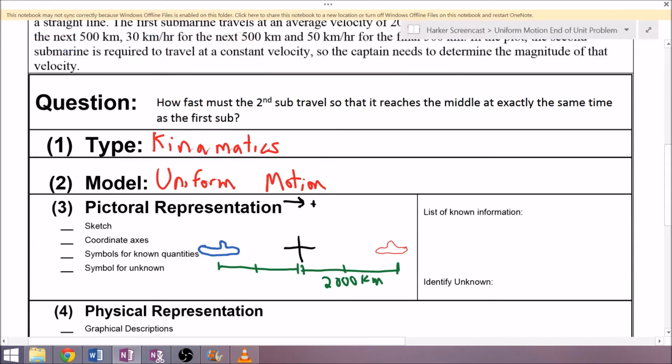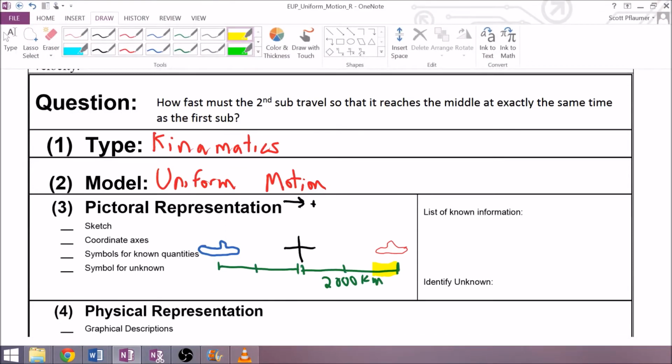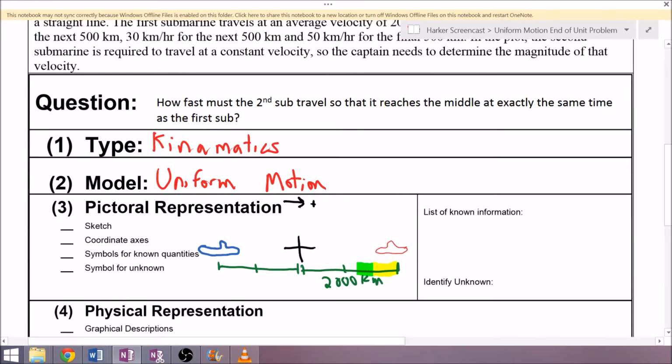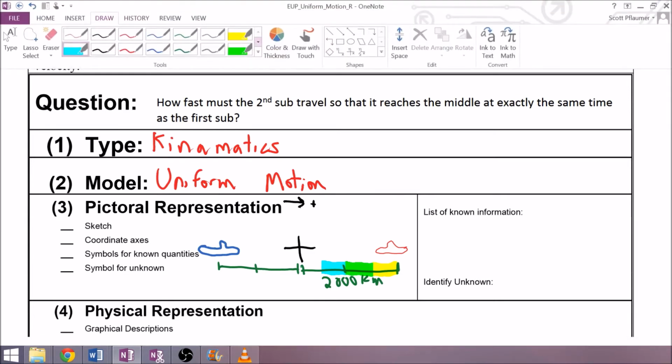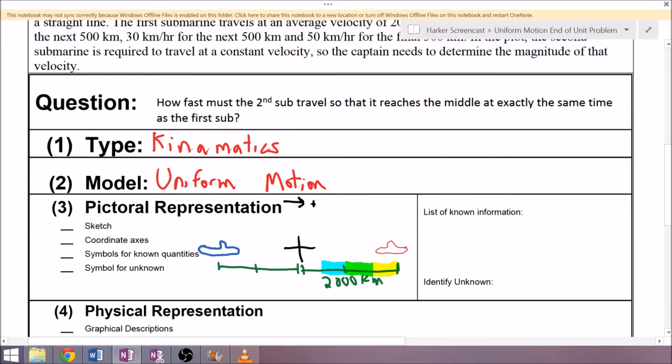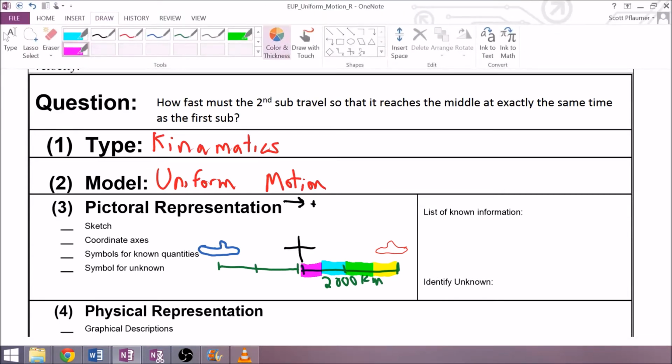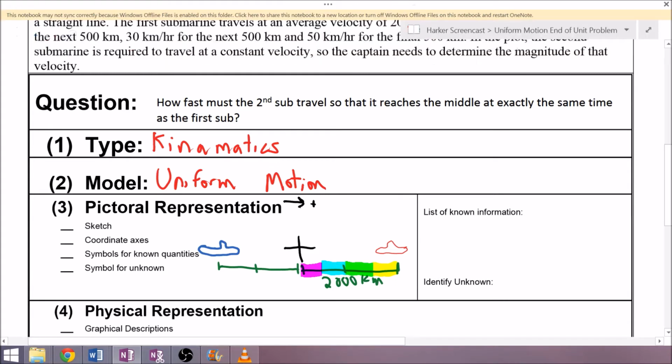Now the next thing I want to do is just kind of show on my diagram that the red sub goes in 4 different motions. Each one has a different constant velocity, and here's the 4 parts. Okay, and we can also identify, we know several of the variables are given in this problem.